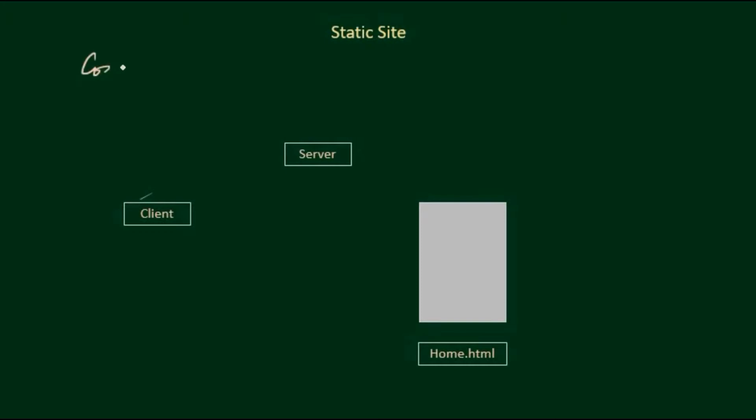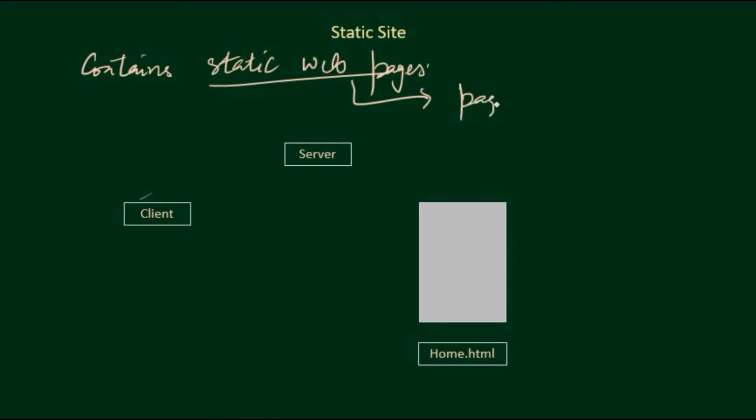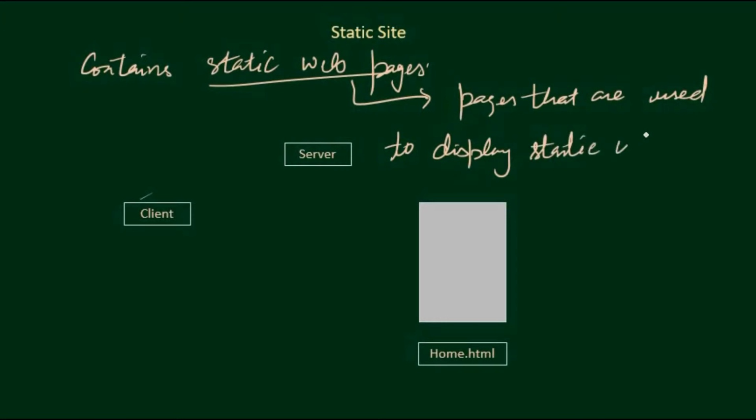What is a static site? A static site is basically a website that contains static web pages, and by static web pages we mean pages that are used to display static information.